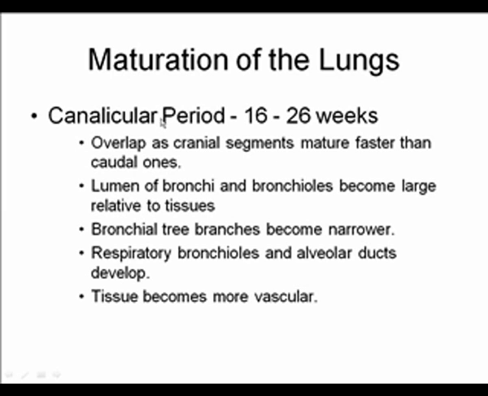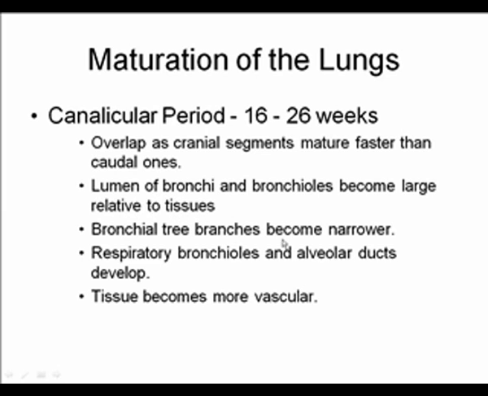During the next 2 periods, the canalicular period and the terminal sac or saccular period, the changes that occur have to do with the formation of the respiratory portion of the respiratory tree. The lumen of the bronchi and bronchioles are going to become large relative to the tissues, and the tissues are going to thin out.